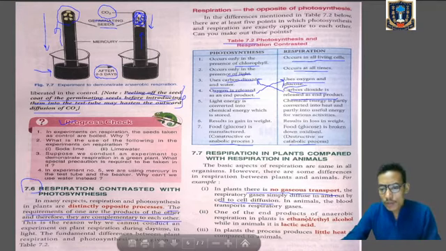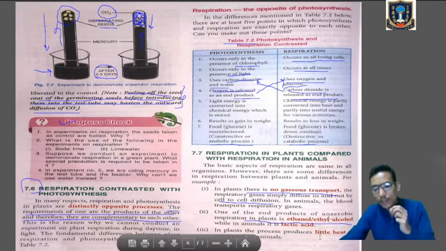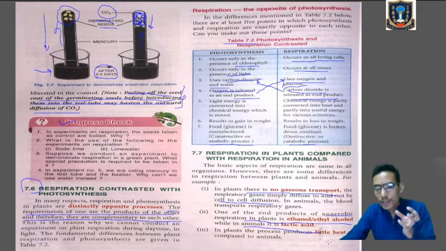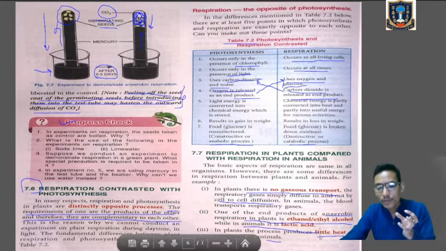One of the end products of anaerobic respiration in plants is ethanol or ethyl alcohol. And in the case of animals, the end product of anaerobic respiration is lactic acid. In plants, the process produces little heat as compared to animals.